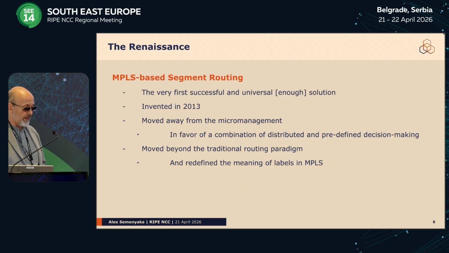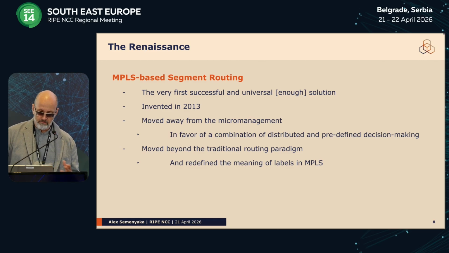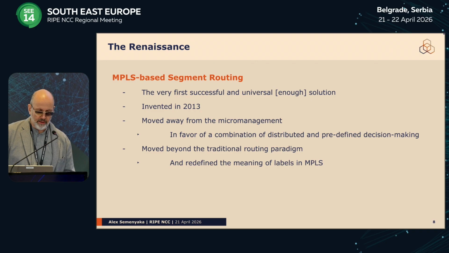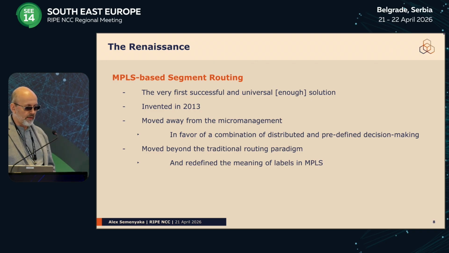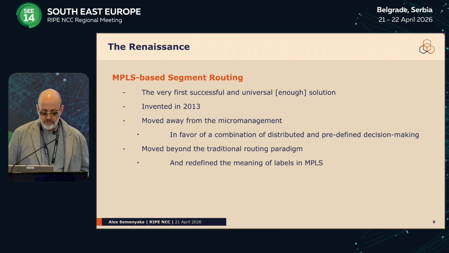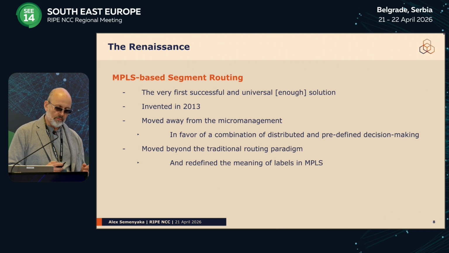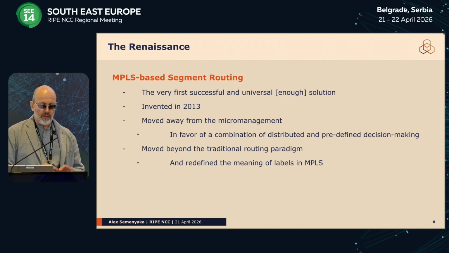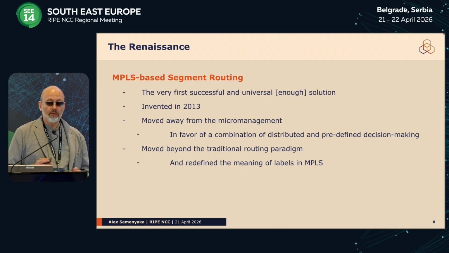So the next attempt to bite this apple was taken in 2013. It was called segment routing, at the moment without IPv6. It was MPLS based, and it was successful.